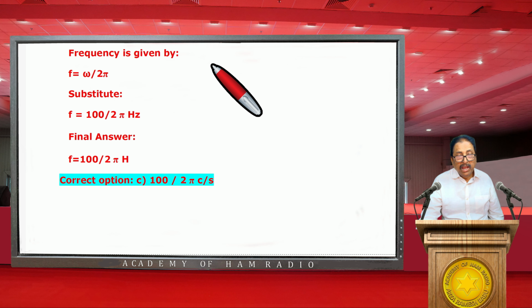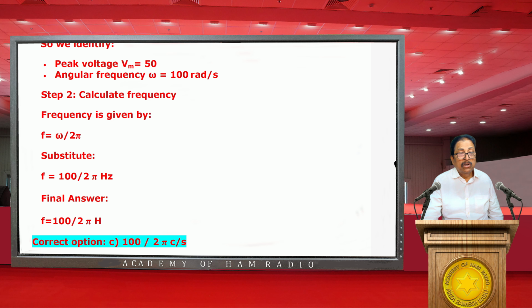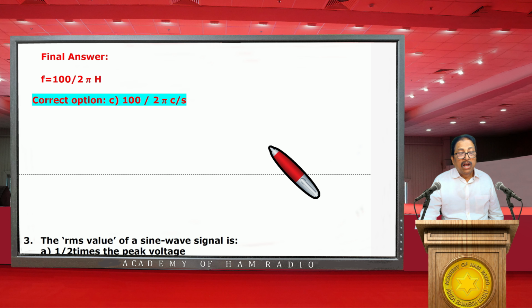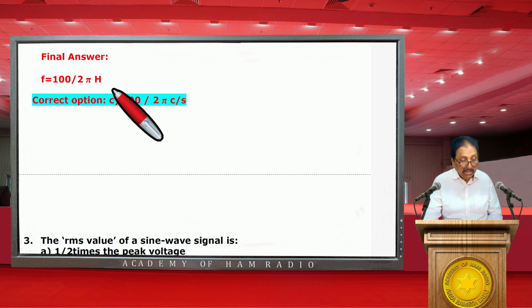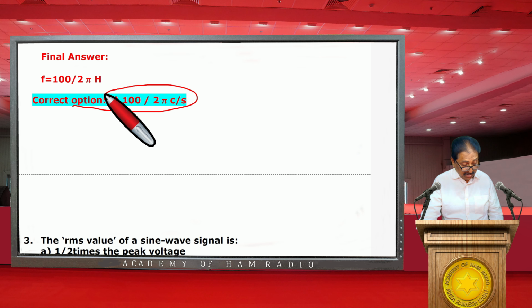Omega is the angular frequency. To make it regular frequency, you have to divide it by 2 pi. F is equal to omega by 2 pi. Substituting the values, omega is 100 radians per second. So the final answer is 100 by 2 pi Hz. Charlie is the correct option.